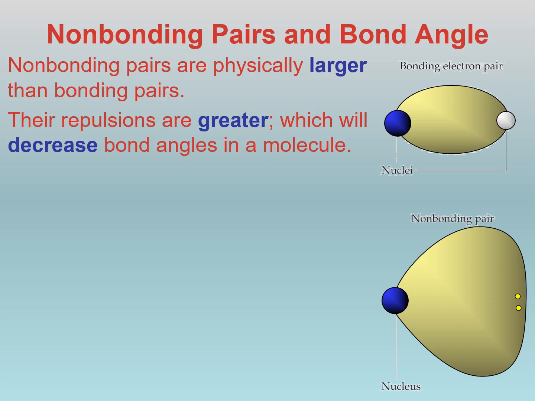So when you've got these bonding pairs over here, and this non-bonding pair of electrons, they will have a stronger push. They will push stronger than the ones that are bonded to an actual atom. They actually push with more force.